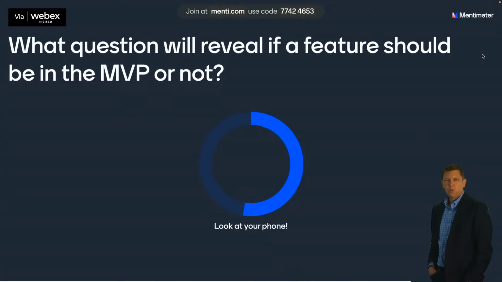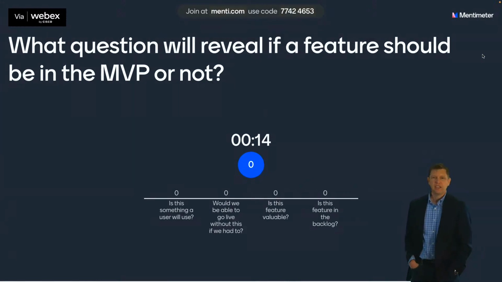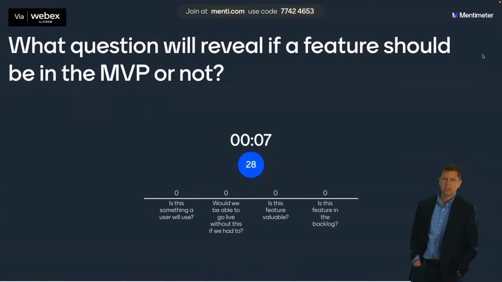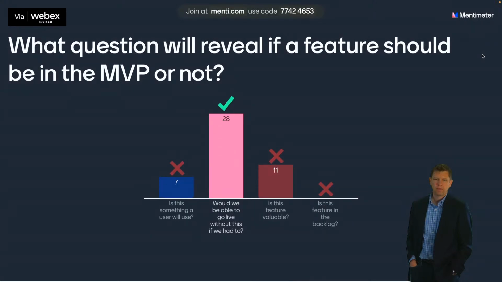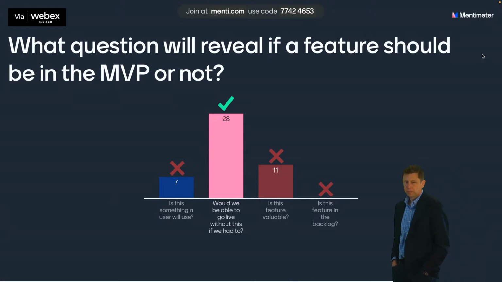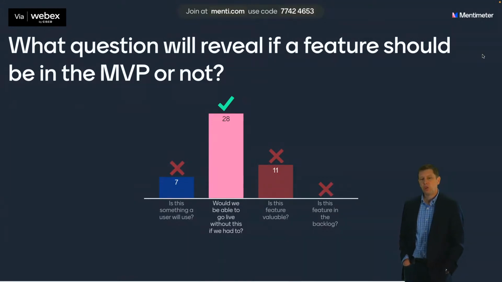Okay, what question will reveal if a feature should be in the MVP or not? Is this something a user will use? Would we be able to go live without this if we had to? Is this feature valuable? Is this feature in the backlog? So yes, would we be able to go live without this if we had to? And the reason that's the more correct choice here is, is this something the user will use?